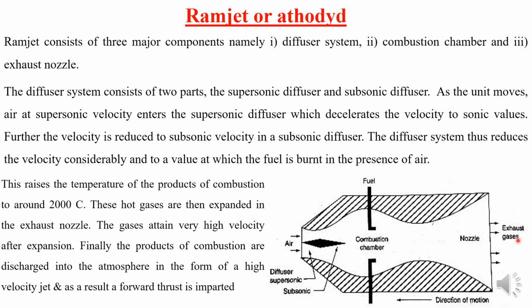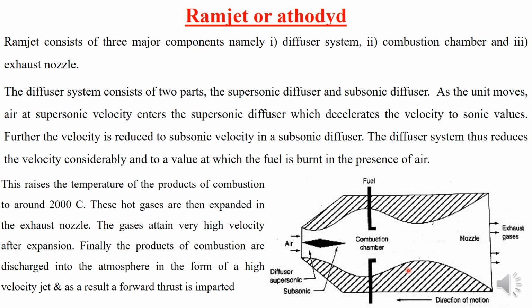So this is how it works. Here we don't have any kind of moving blades. Instead, we have the diffuser, which produces the compression effect. So there are mainly three parts: the diffuser, the combustion chamber, and the exhaust nozzle.